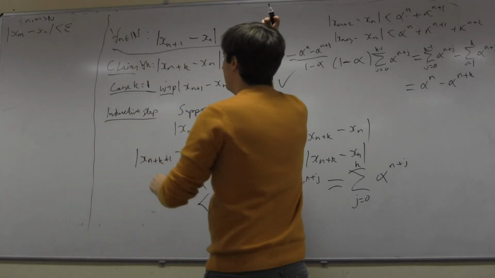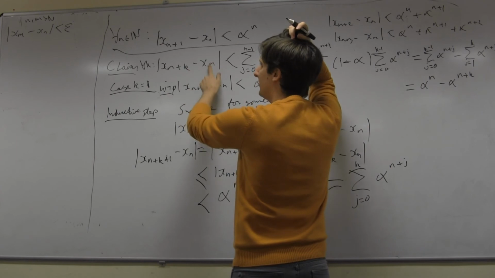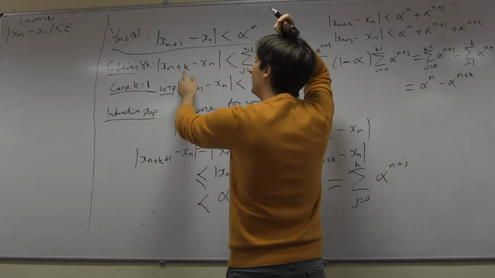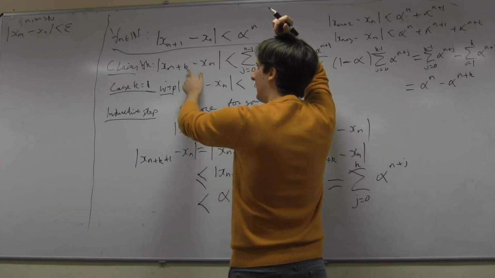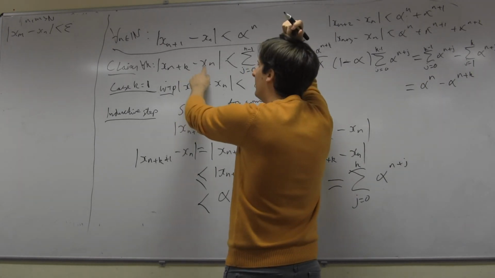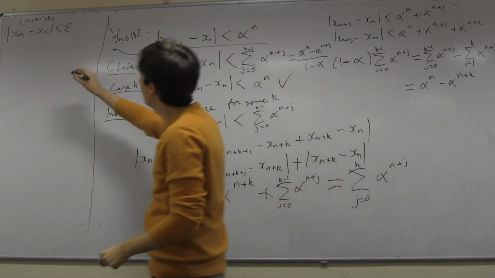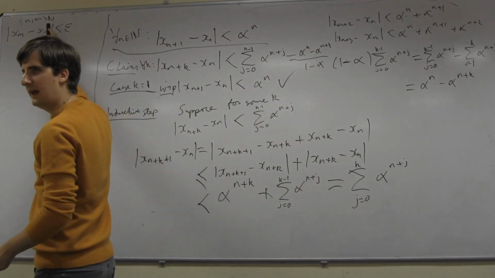If we look at what we have here, we've got x_(n+k) minus x_n. So what we need is for this to be true for all k, for large enough n.